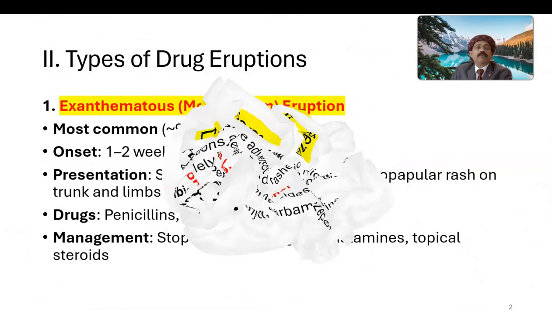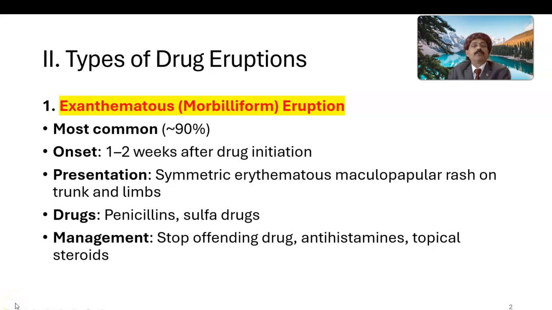Okay. So types of drug eruption, we have exanthematous or morbilliform eruption, most common at around 90%, onset 1 to 2 weeks after drug initiation. Presentation: symmetric erythematous maculopapular rash on trunk and limbs.